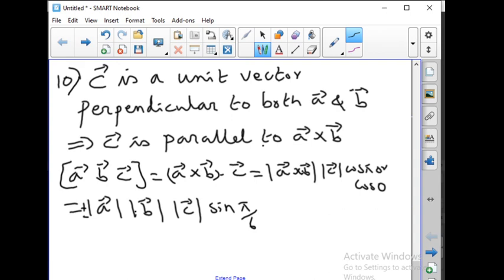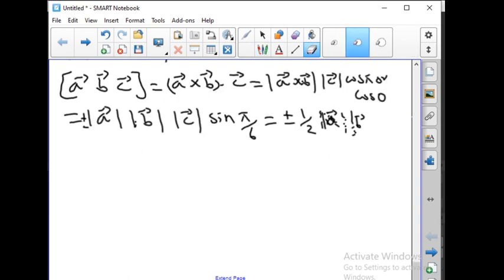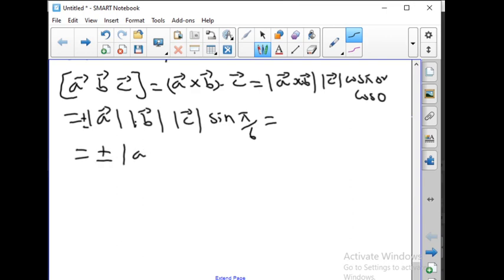So, now sin pi by 6 is 1 by 2 and C vector is a unit vector. Therefore, this becomes plus or minus 1 by 2 into modulus of A vector into modulus of B vector. Modulus of C vector is 1 and sin pi by 6 is 1 by 2.